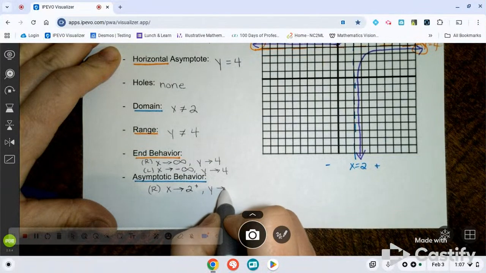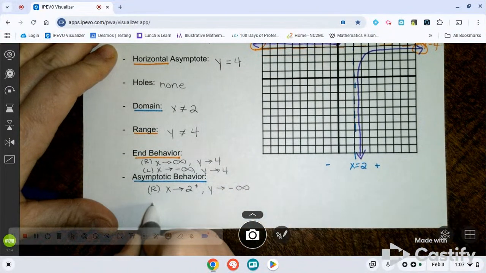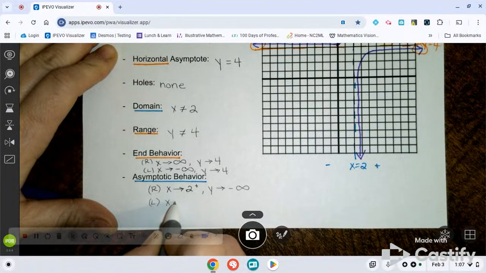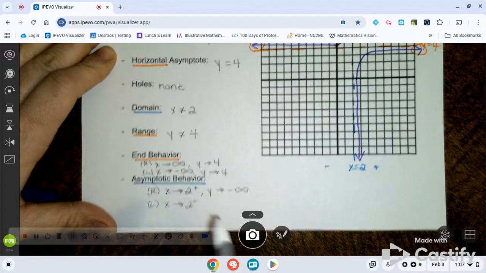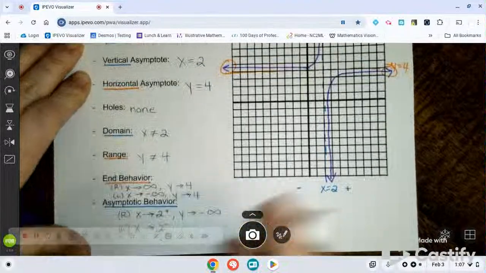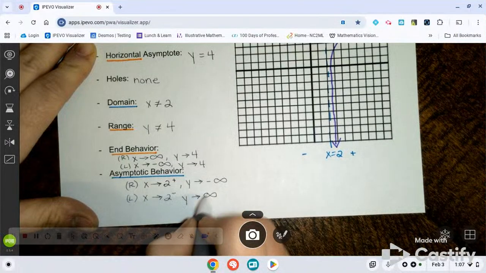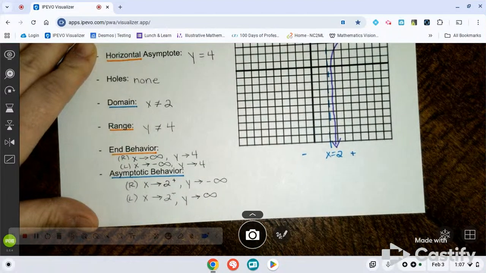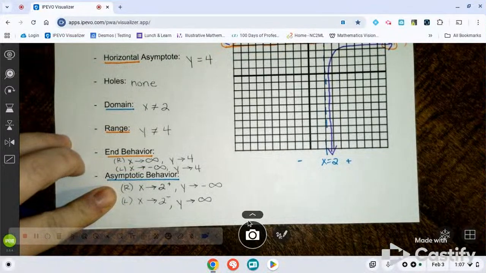So here it's going to be going to negative infinity on the right. And as our graph approaches our vertical asymptote from the left, we are going up. So this is going to be y approaching positive infinity. So that is how a reflection changes our asymptotic behavior.